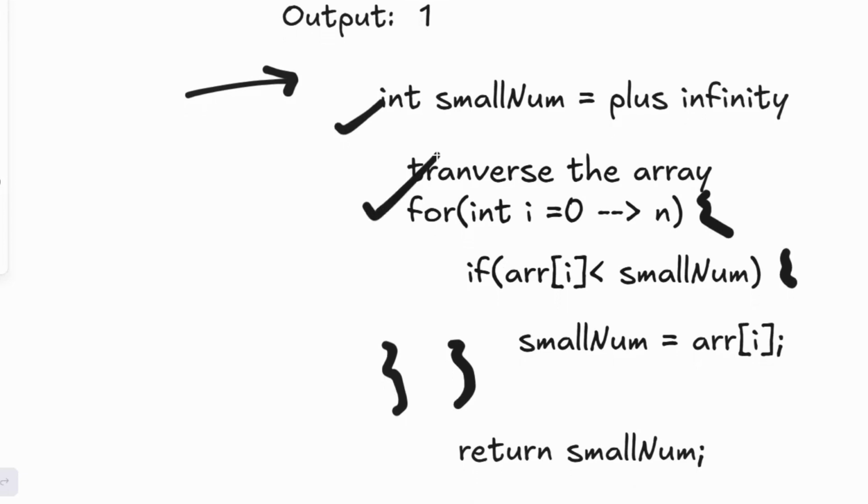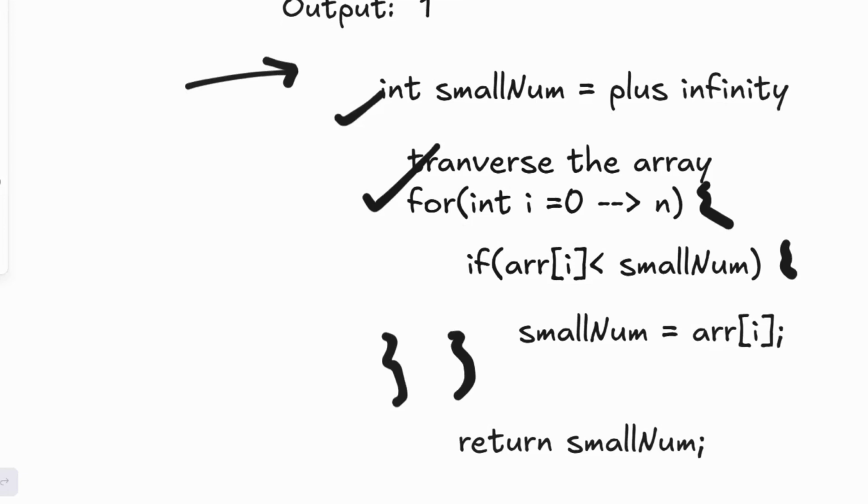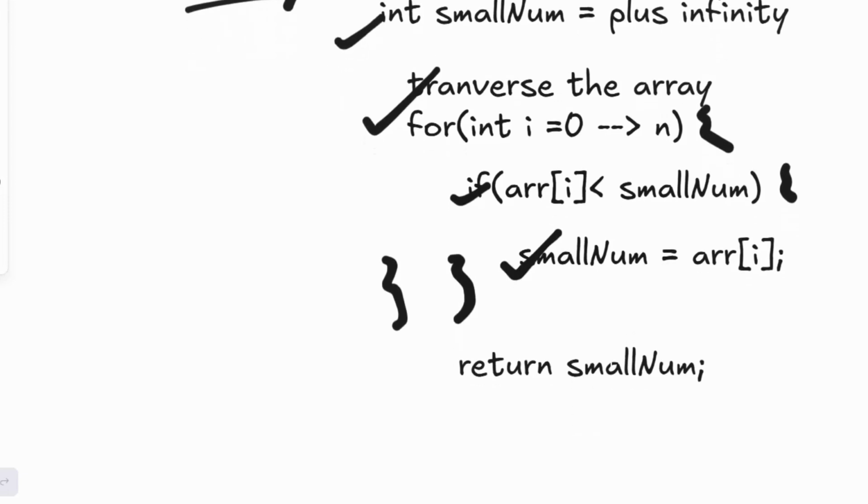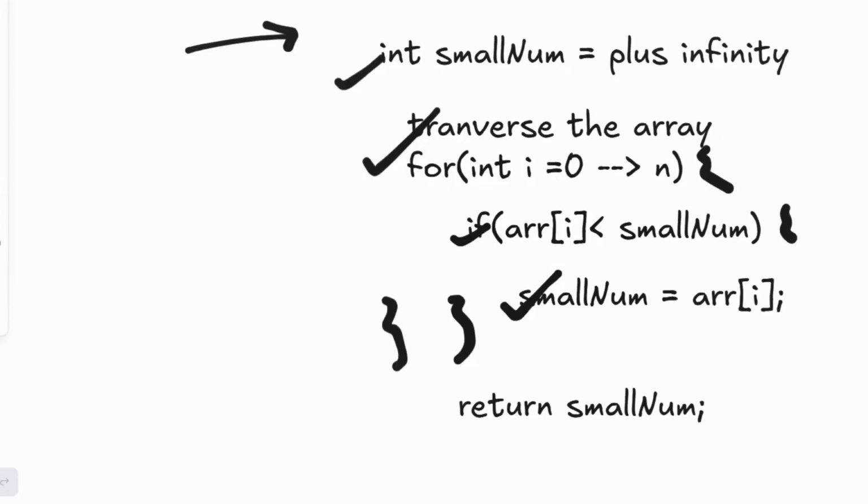The loop will start from i equal to 0 to n, and in this we give the condition: if array of i is less than the variable that we have initialized, then we update the variable to that array of i. And in the last, after we have traversed all the numbers in the array, we just return the variable small num. Okay, let's try to run it now.